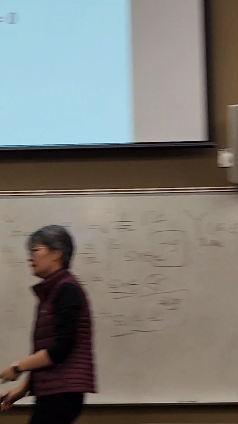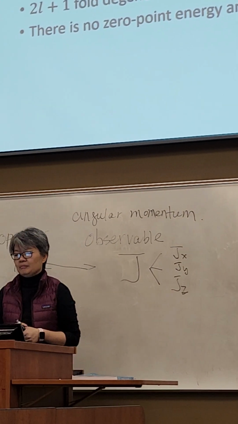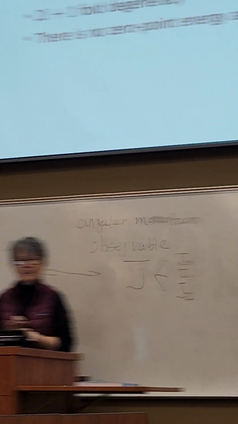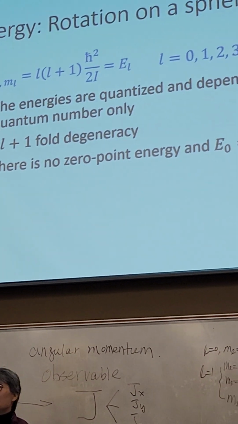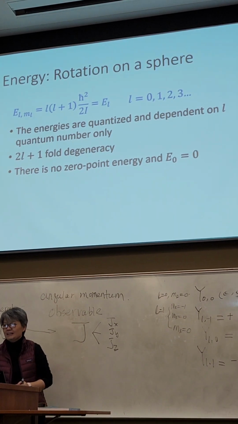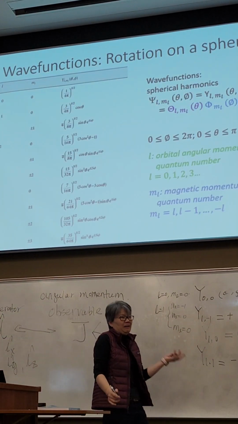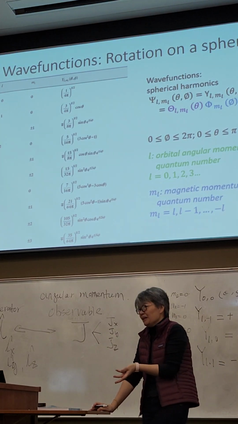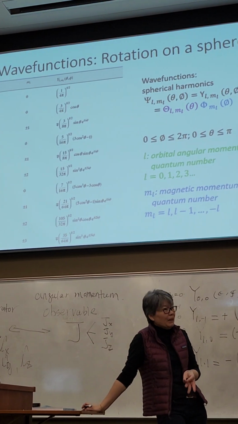You look at here. Oh no, I have the solution on the slide. Yeah. That's terrible. Is it a 2L plus 1 fold? Yes. How do we know that? Because under each L value, how many values of M sub L would I have? 2L plus 1.